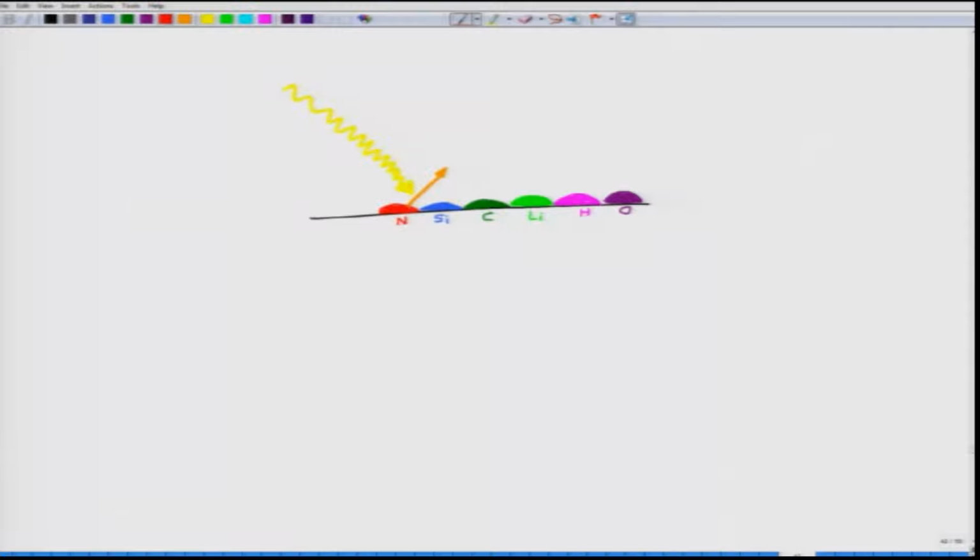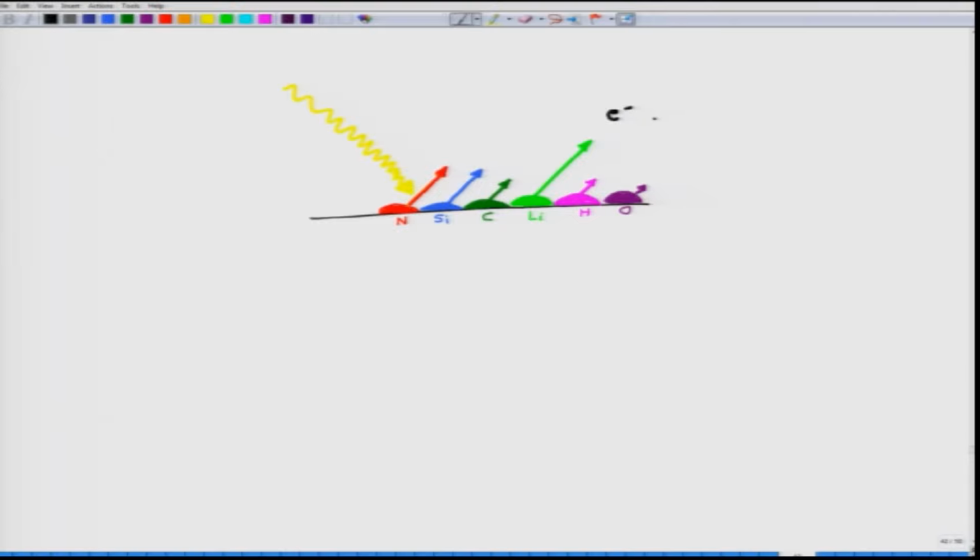I am representing each ejected electron by the color of its respective atom or element. Each of these electrons ejected from the surface comes with a different kinetic energy.